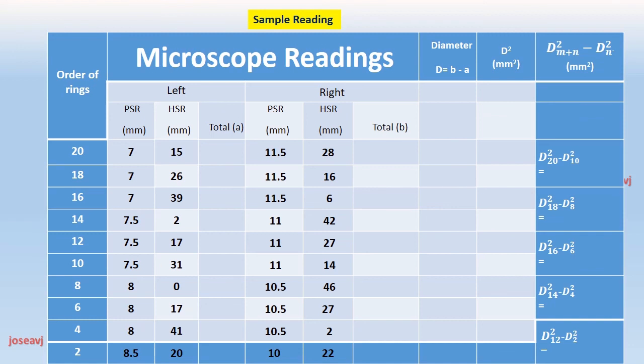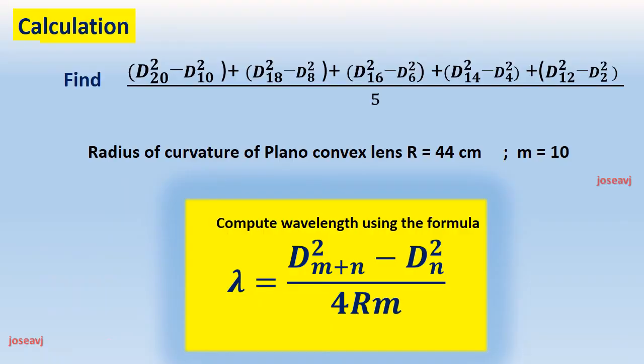Then find the squares of the diameter. The last column: D20 square minus D10 square, D18 square minus D8 square, D16 square minus D6 square, D14 square minus D4 square, and D12 square minus D2 square. Find the average.